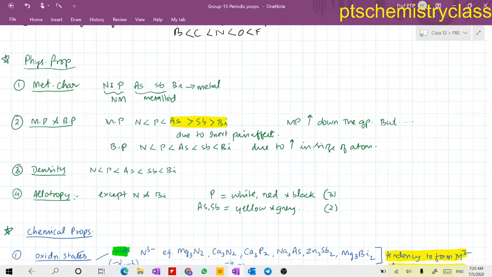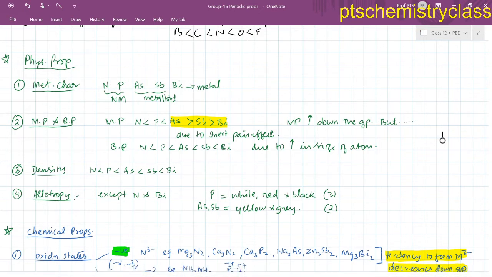As a corollary to this property, you know that non-metallic oxides will be acidic in nature. Metallic oxides will be basic in nature. So by remembering this metallic character, you can also answer this question.